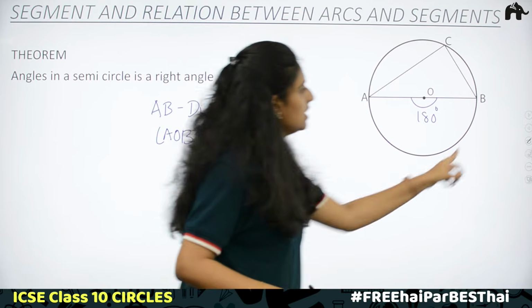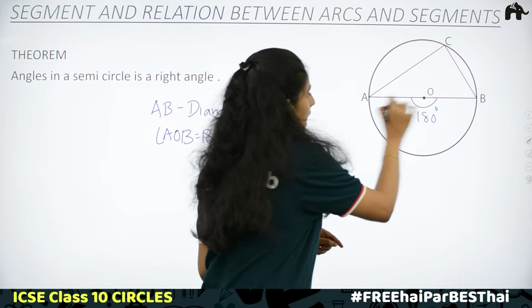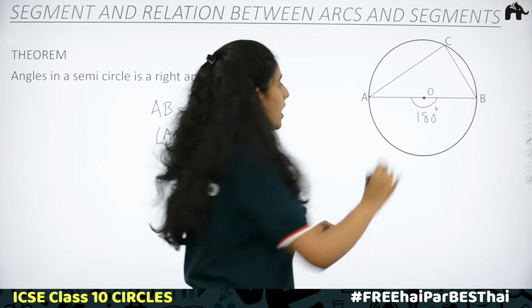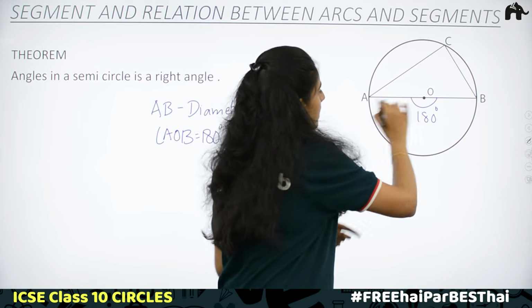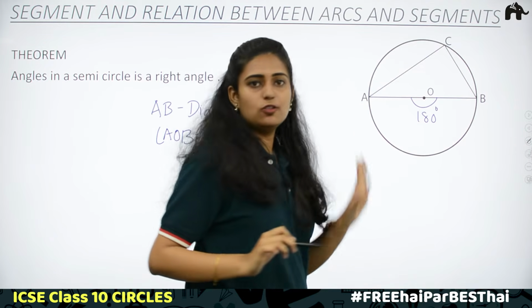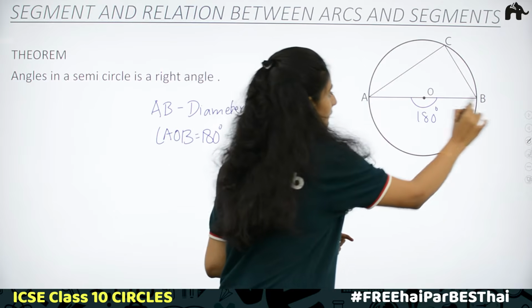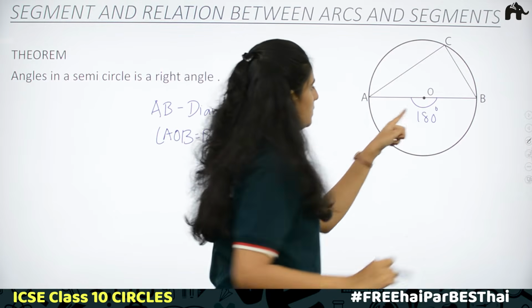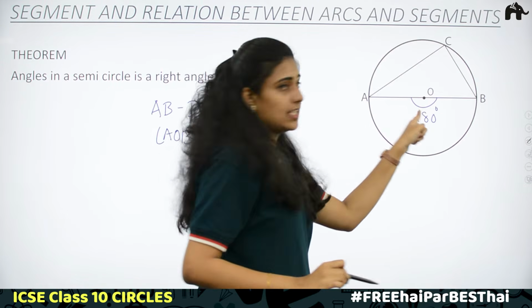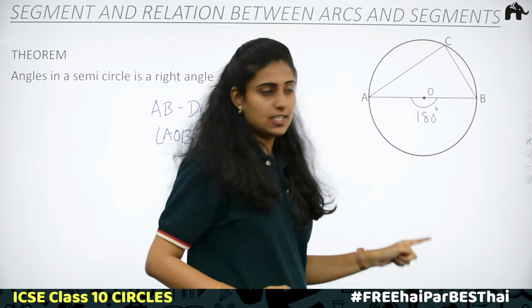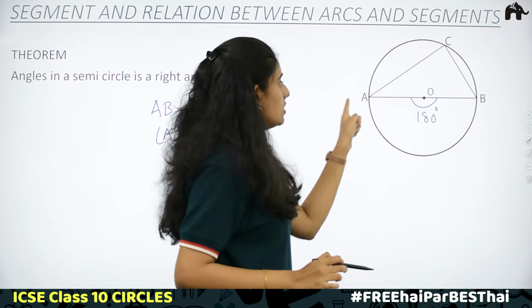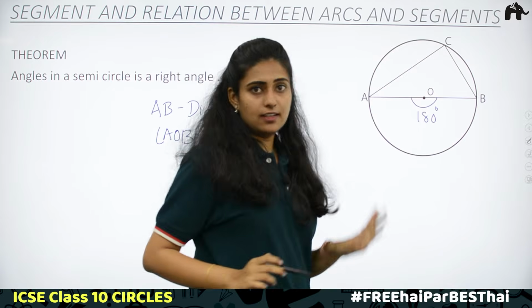Now, this is an arc. AB is a chord. The angle subtended by the chord at the center is equal to 180 degrees. The chord AB or the arc AB subtends an angle AOB at the center and the measure of the angle is equal to 180 degrees. What is ACB then?